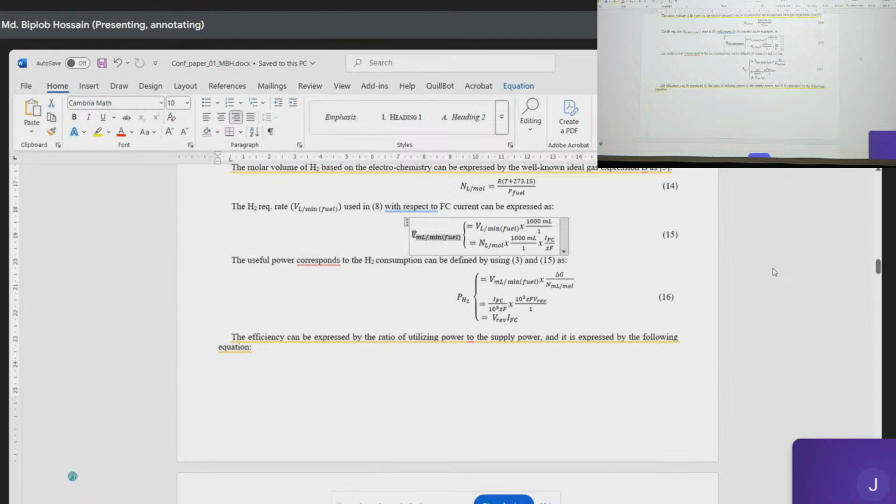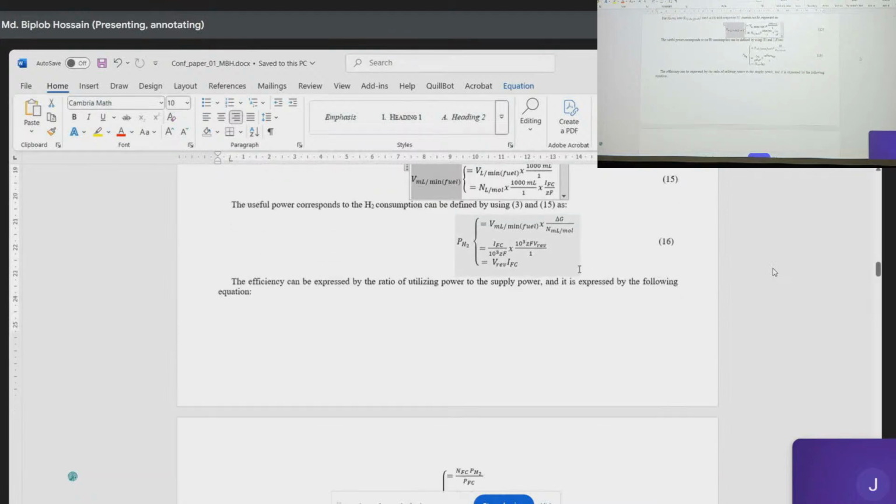Simply, the left-hand variable is the flow rate. The flow rate depends on the current; all other parts are constant except the current. If we need more current, we definitely need to provide more flow rate on the input side. If the required current is fluctuating in nature, then based on this we need to readjust the flow rate.